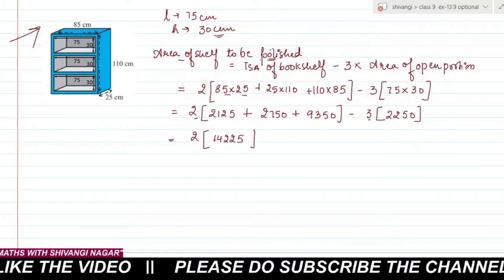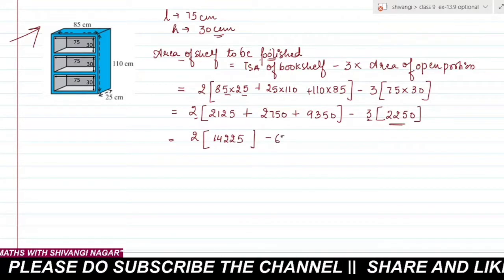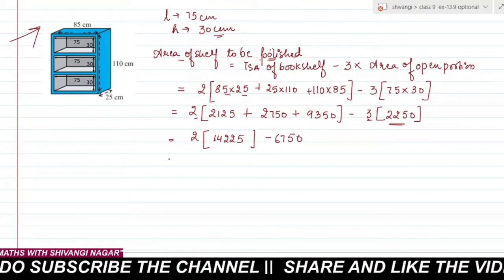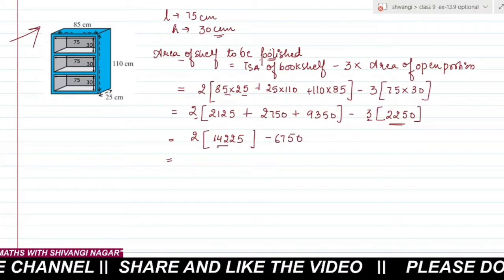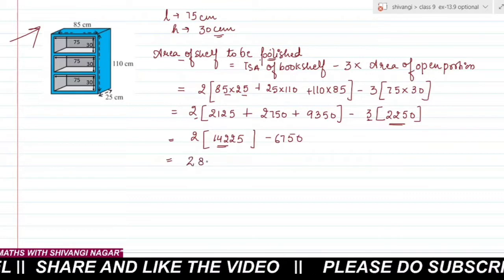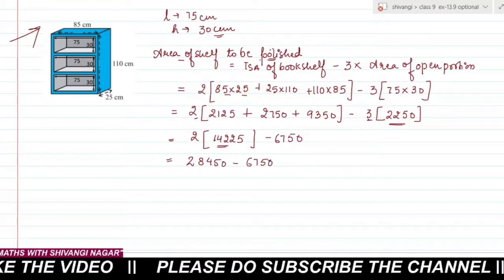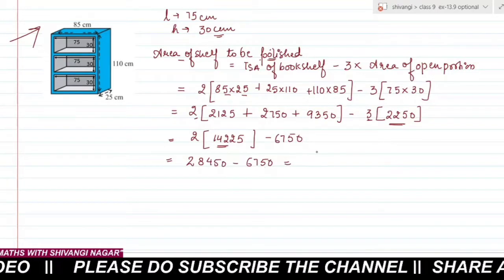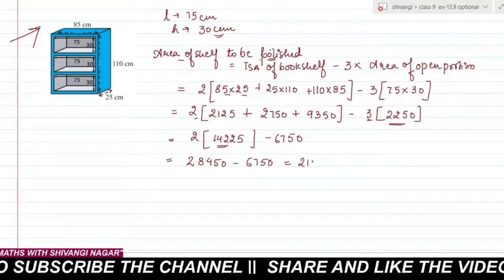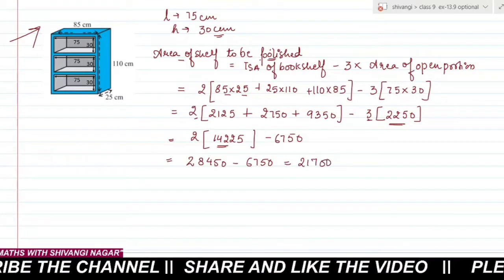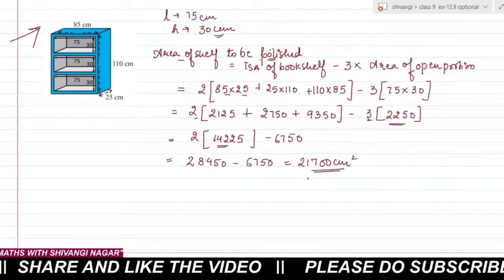And when you multiply 3 with 2250, you get 6750. Open this square bracket also and multiply the 2 with this number, you get 28450 minus 6750, and when you eliminate 6750, you get 21700 centimeter square. This is the area which needs to be polished.